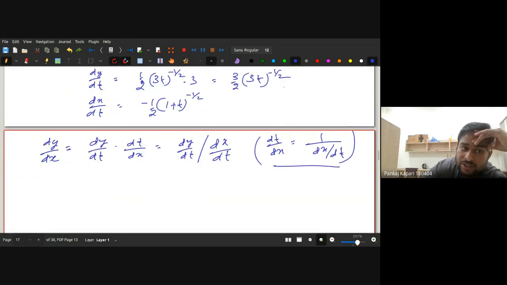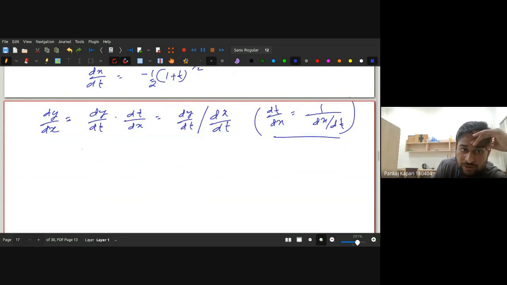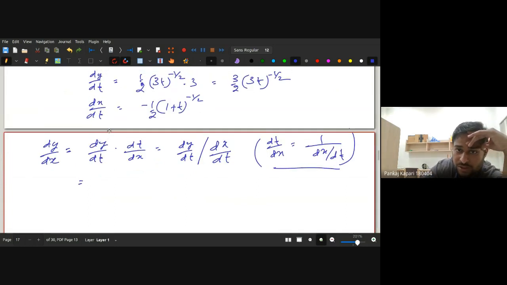And therefore, what is dy over dx? You just have to divide these two things. So you will have minus 3 times (1 plus t) to the power half divided by (3t) to the power half.